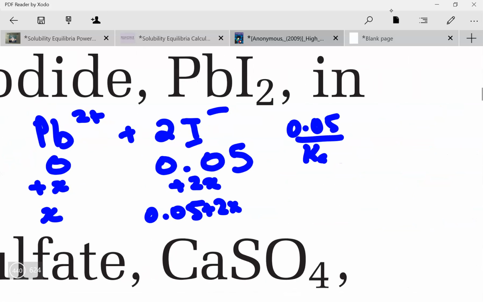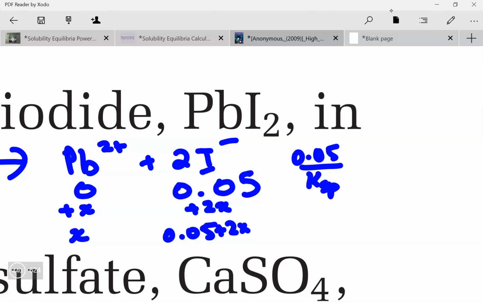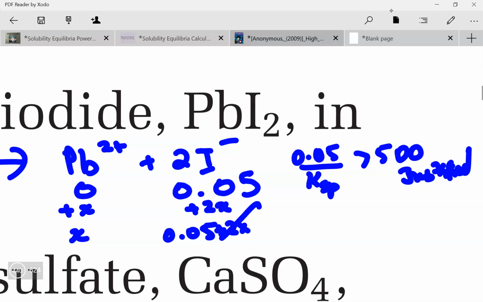0.05 divided by KSP. So what is the KSP? Is that given to us? No. Lead iodide is 9.8 times 10 to the power of negative 9. It's greater than 500 justified, so cancel out that 2x.